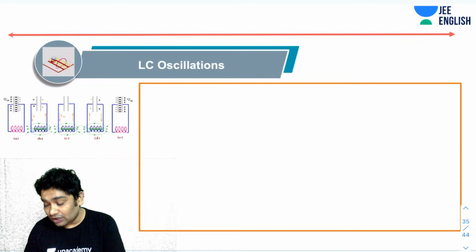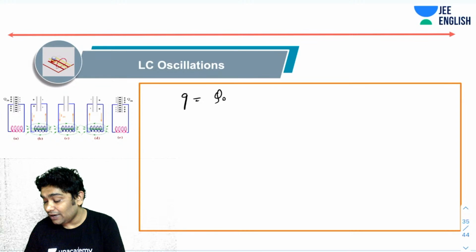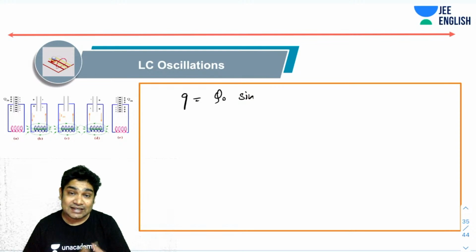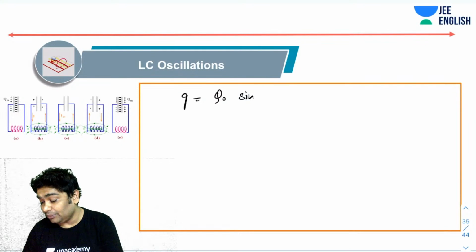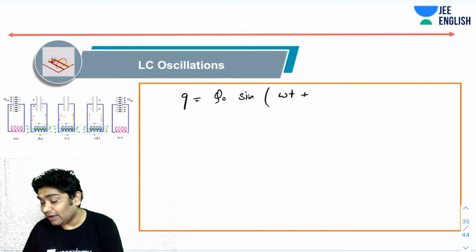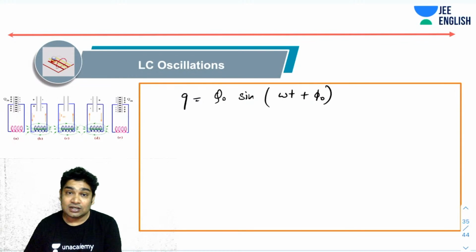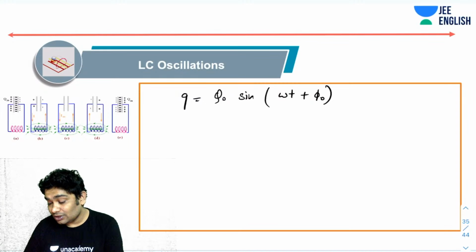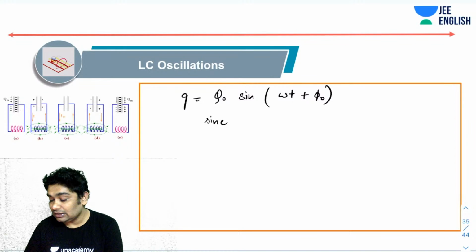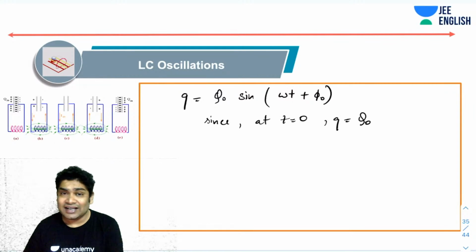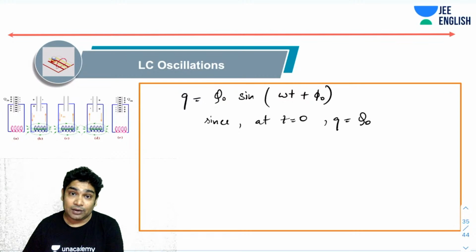Okay, and what would be this charge equation? Charge q would be Q naught sine of omega t plus phi naught, where Q naught is the amplitude, the maximum charge that can come here, and phi naught is the initial phase. Since at t equals 0, q was equal to Q naught, I realize that phi naught would be pi by 2.